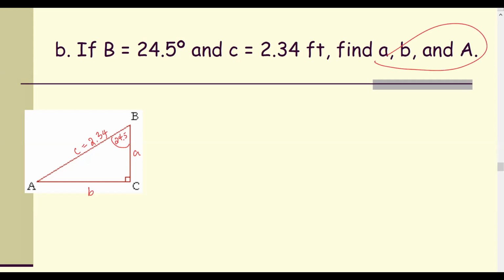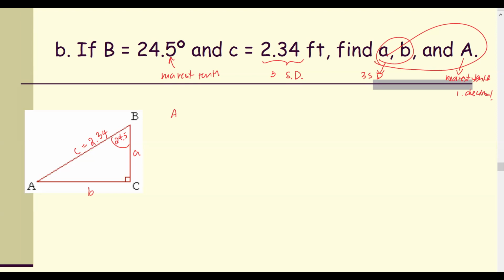Angle B has accuracy to the nearest tenth of a degree, and side C has the accuracy of three significant digits. So our solutions for A and B will have three significant digits, and angle A will be accurate to the nearest tenth, or one decimal place.